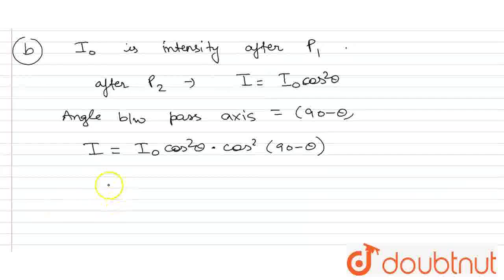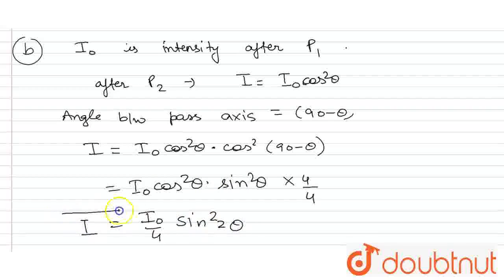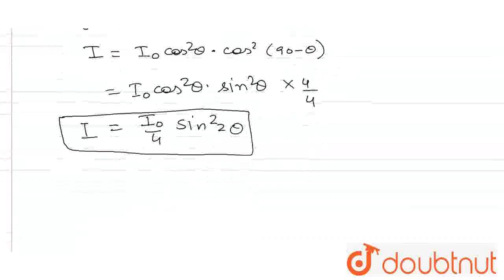So it becomes I naught cos square theta into sin square theta, and multiplied by 4 divided by 4. So it becomes I naught by 4 into 4 cos square theta sin square theta, which becomes sin square 2 theta. So this is the intensity after the polaroid P2.